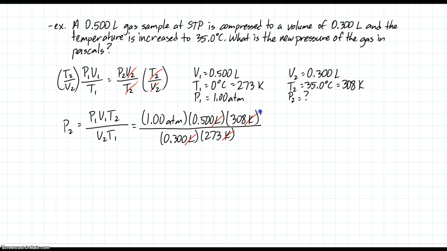And if we look up the conversion between atmospheres and pascals, 1 atmosphere is 1.01325 times 10 to the 6 pascals.